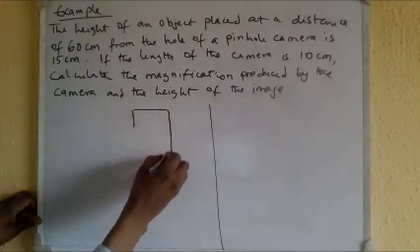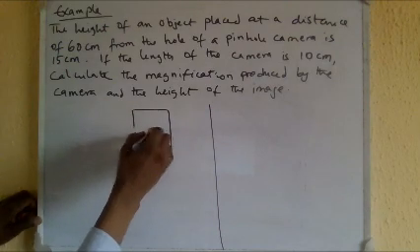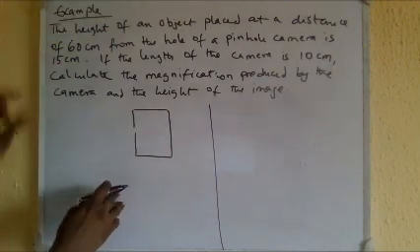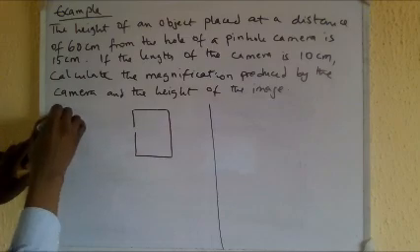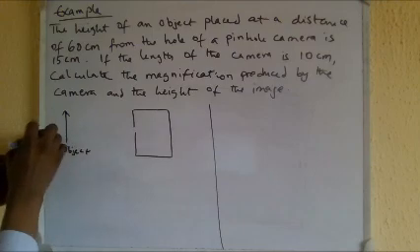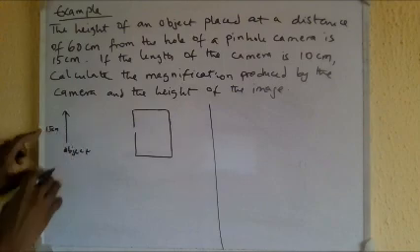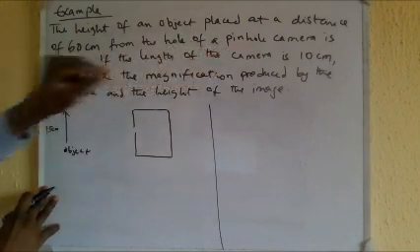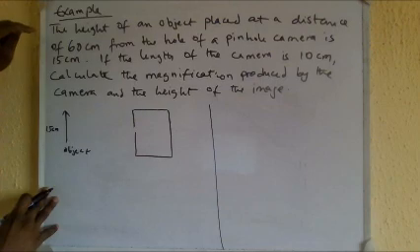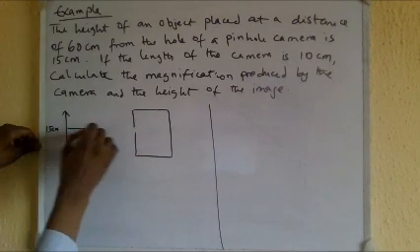So this is the pinhole. It said the height of an object, so the object height is 15 cm. But they said the height of the object placed at 60 cm from the pinhole. So this object is placed, the distance between here and here is 60 cm.